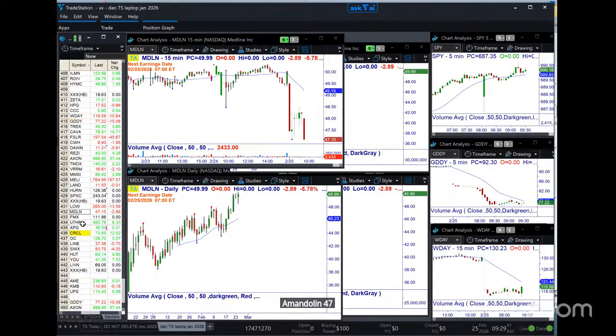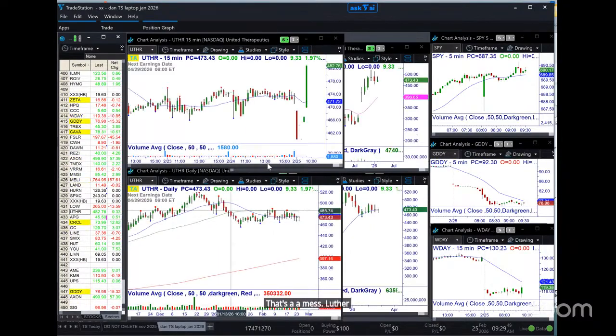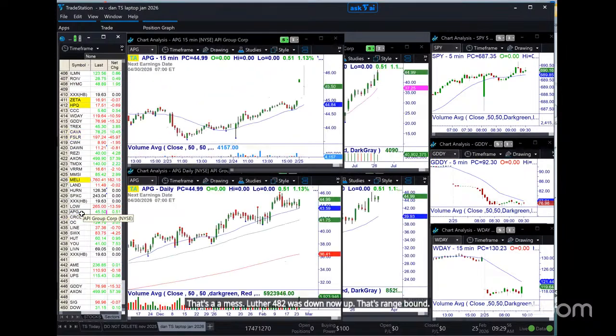No pattern, but a recent IPO at all-time highs. That's a mess. Luther 482 was down, now up. That's range bound. APG, not bad. Could be a 30-minute high.